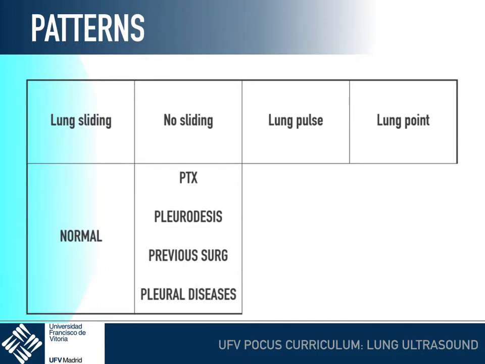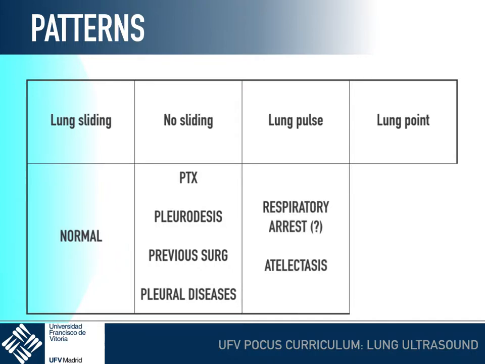The lung pulse means no pneumothorax for sure, but there's no ventilation at this point. So maybe respiratory arrest, maybe apnea, or maybe an early stage, a super early stage of atelectasis. The lung point, I told you before, is totally diagnostic for pneumothorax.